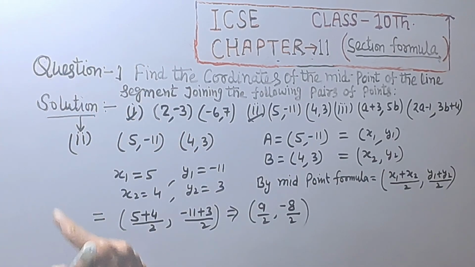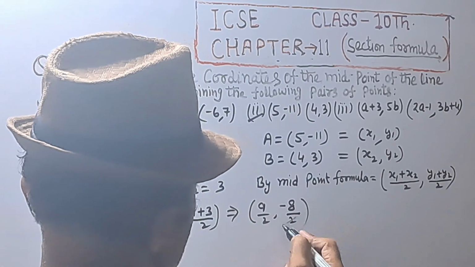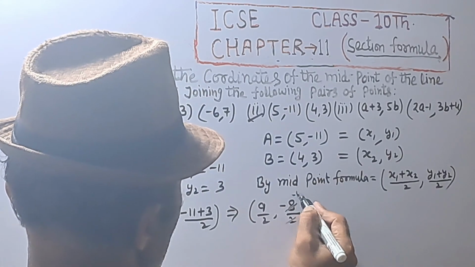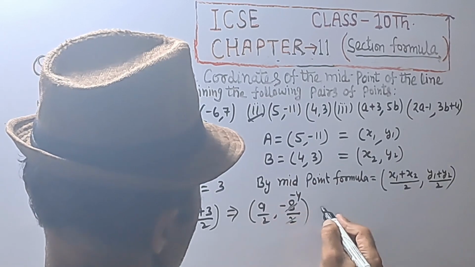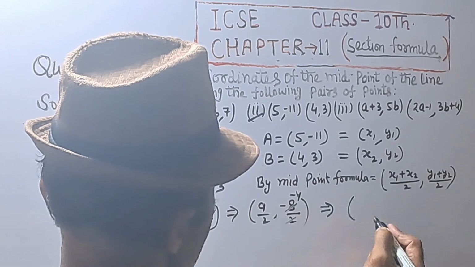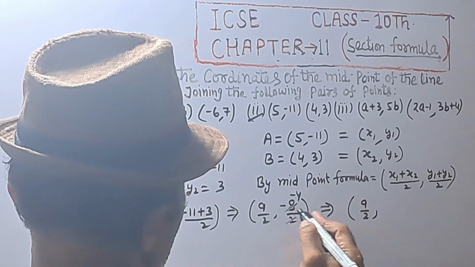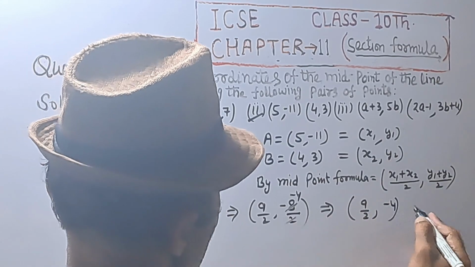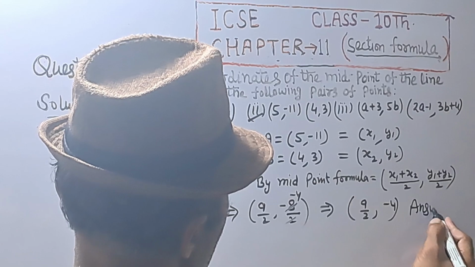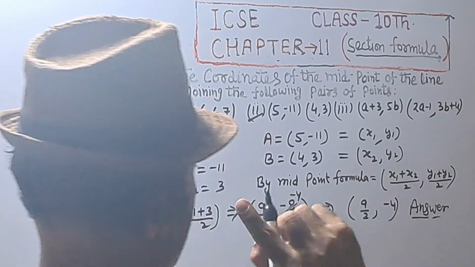Minus 11 plus 3 is equal to minus 8, which is divisible by 2. Minus 4 2s are 8, which implies we get the required point 9 upon 2, comma minus 4. Answer.